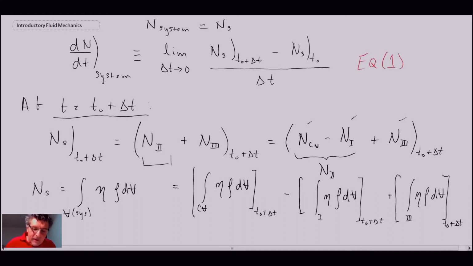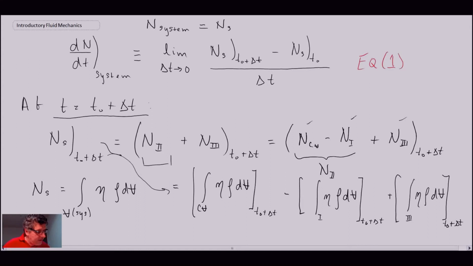That gives us the value of the extensive property at t0 plus delta t for our system: a bit of the control volume and then regions 1 and 3. So that's what's happening at t0 plus delta t.